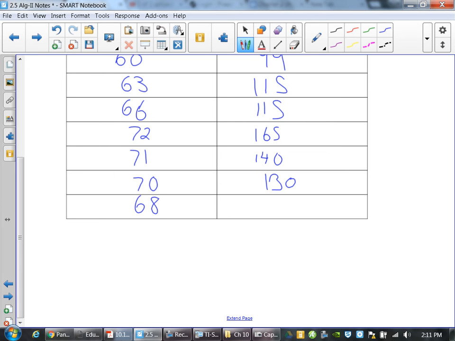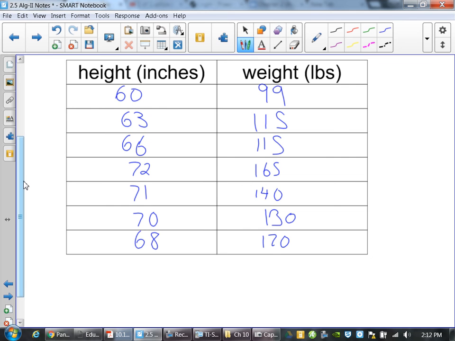Yeah, I'm short. I'm 5'8". No, he's just a little bit taller. It's his hair. No, his eyes are higher up. And how much do you weigh? 170. Small forehead.